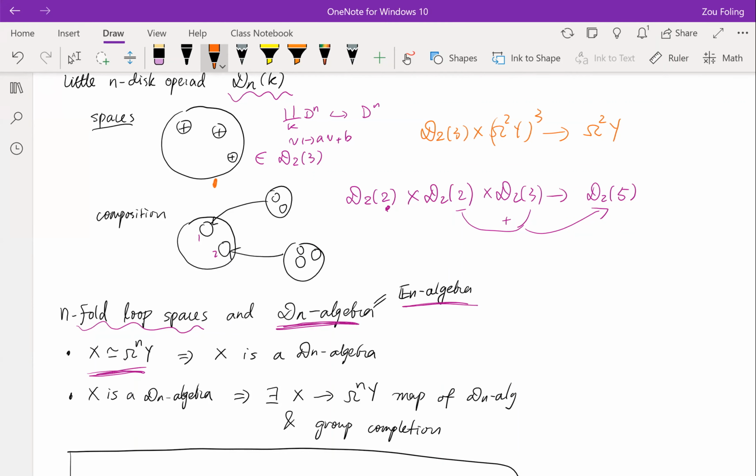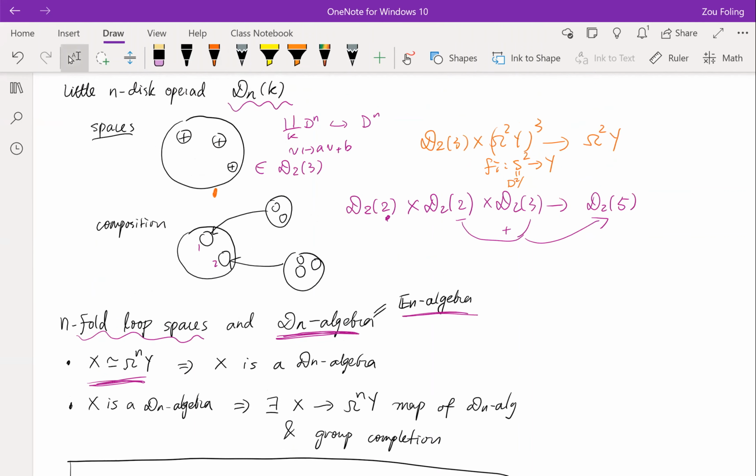Here I have three elements in Ω^2(Y), so there are maps from S^2 to Y, and I can think of them as D^2 quotient the boundary of D^2.